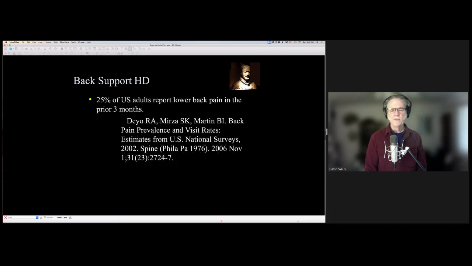How about this? In the past 3 months, 25% of US adults report lower back pain. So again, if there are 4 people in your waiting room, one of them either has or recently had lower back pain. And I say this as a practitioner, you're always marketing.